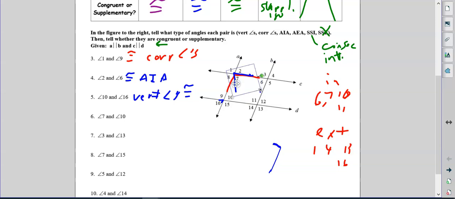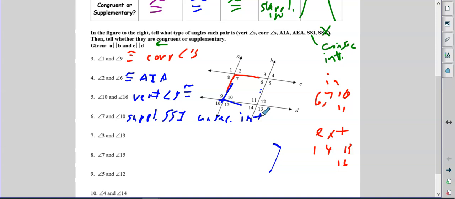So we have an acute and an obtuse. They are not the same. We do not want to say they are equal to each other. And whenever they're not equal, that means they are supplementary. All right? And we can call this SSI, same side interior, or what we've been calling it, consecutive interior. And I will remind you on the test about those two being interchangeable.